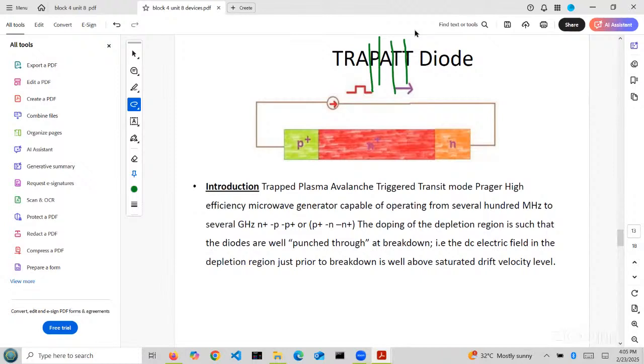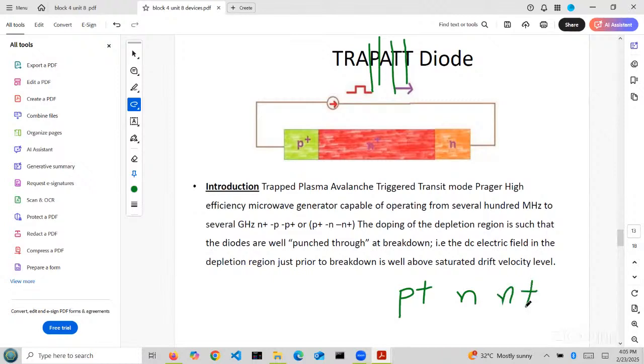Which combination is available? P plus, N plus, or N. And other combinations also we have. In the textbook also the same combination is given. What is the combination? P plus, N, N plus.